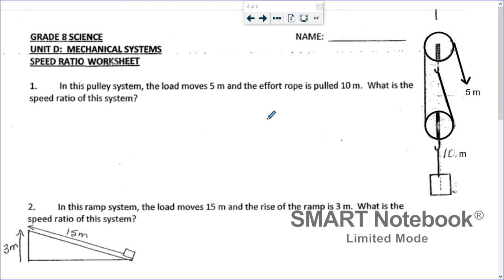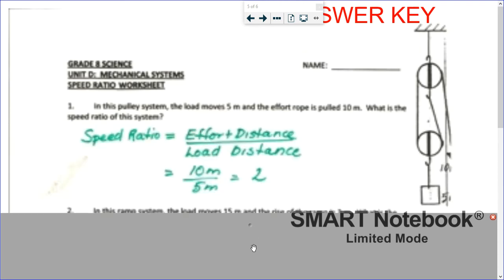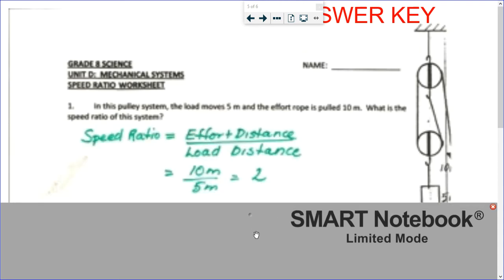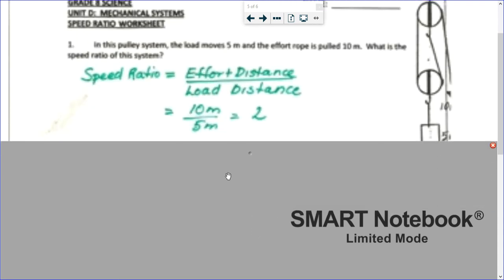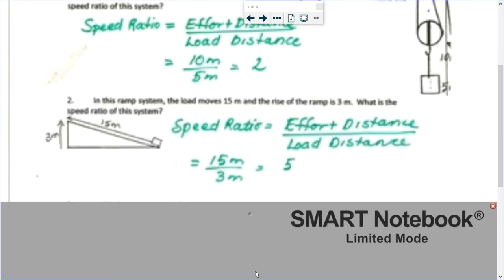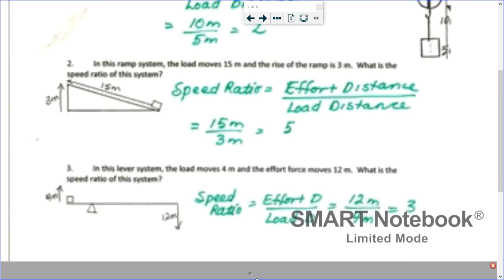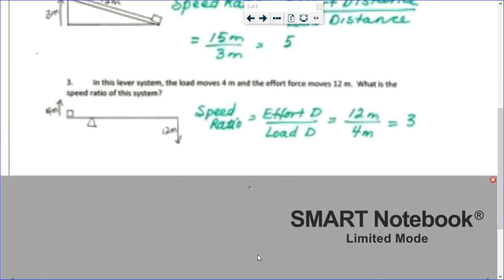Okay, now hopefully you did those questions and come back to check your answers. So in number 1, the speed ratio is 2. Number 2, the speed ratio is 5. And also you're showing all 3 steps. Number 3, the speed ratio is 3.